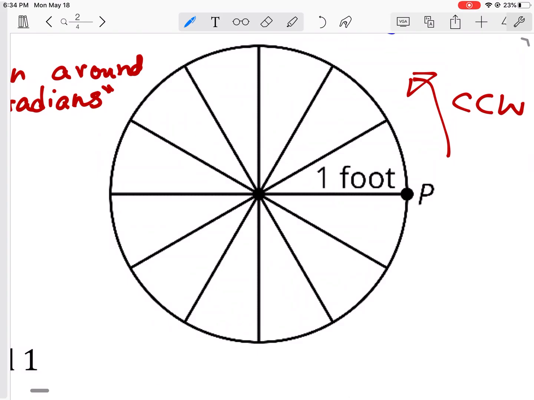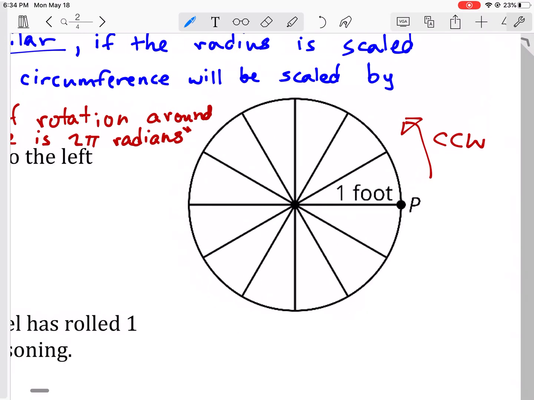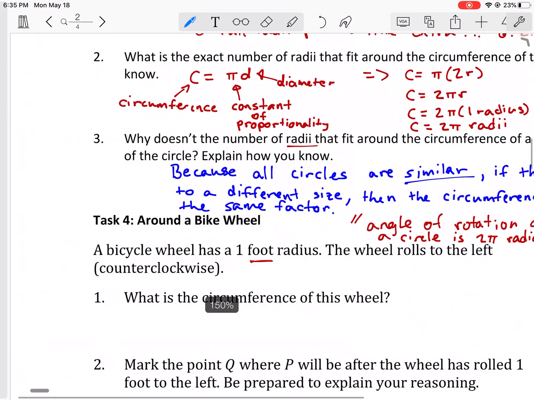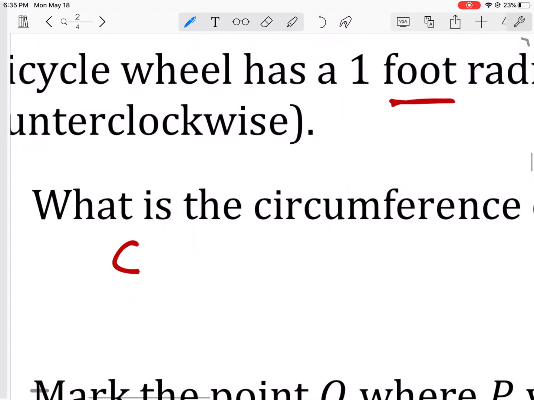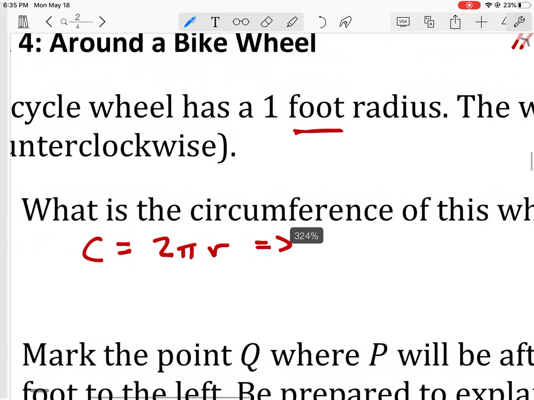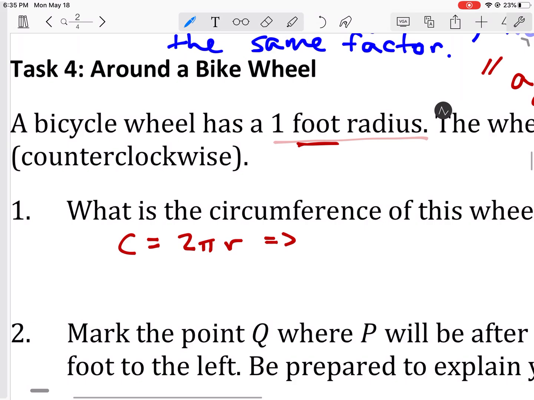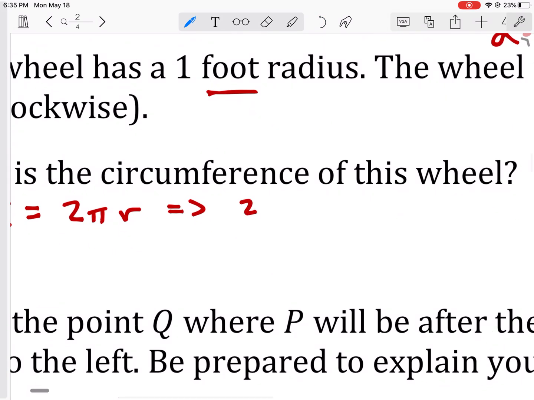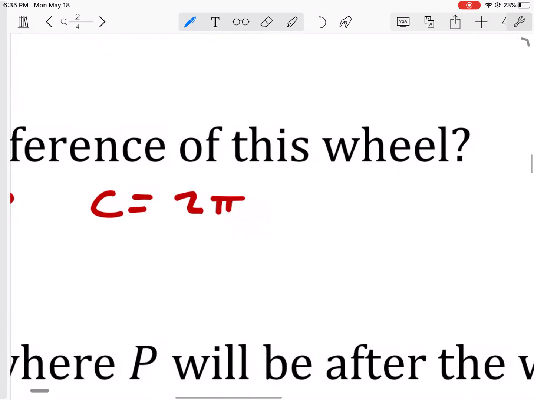Alright, so circumference, well, we have a formula for it now. We pretty much just answered this question. The circumference would be equal to 2 times pi times the radius. Well, what's the radius? It's 1 foot. So the circumference is equal to 2 times pi times this 1 foot radius.